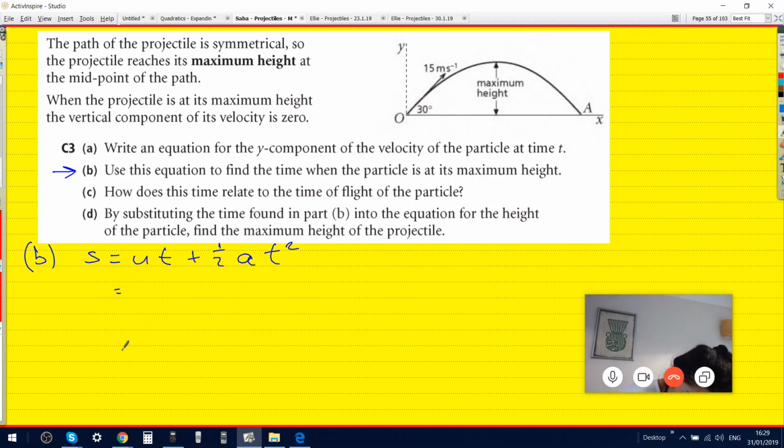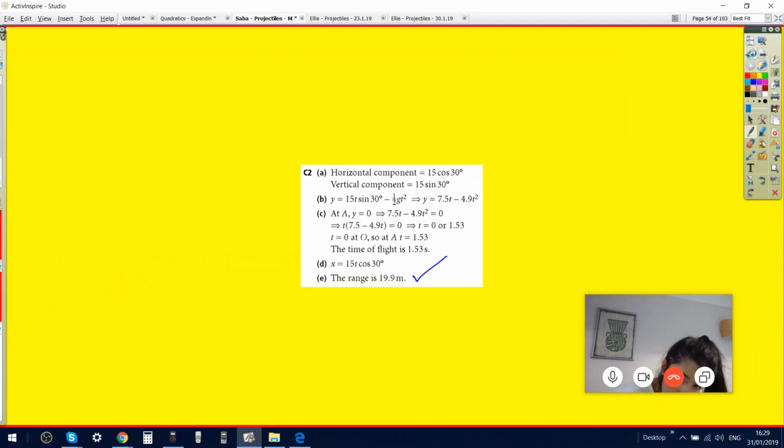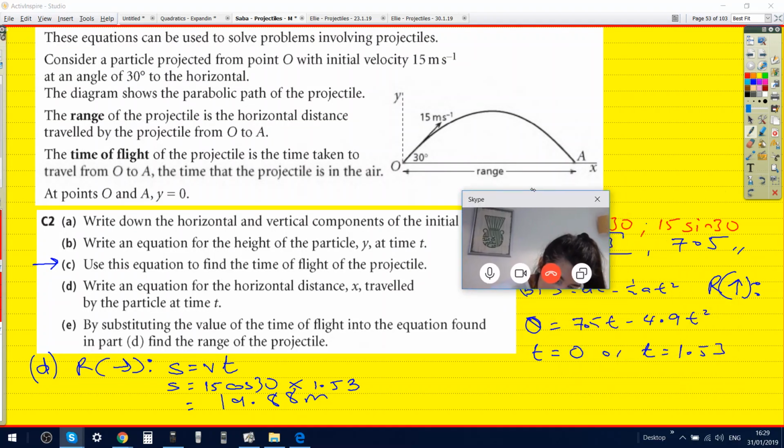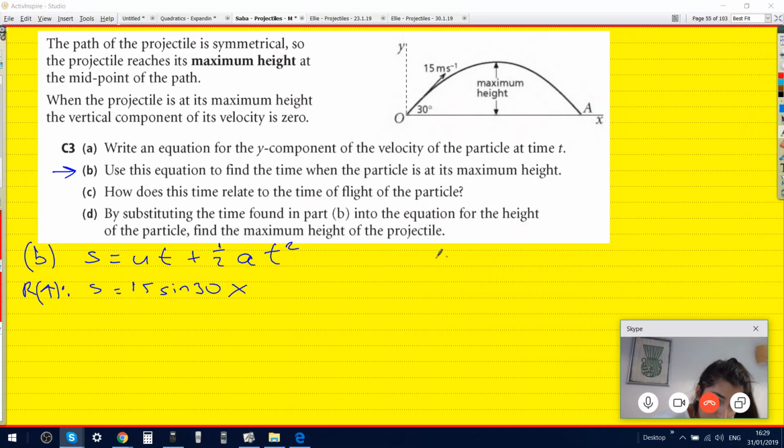So if u is 15 sine 30, yeah? Yep. You need to give me a confirmation, otherwise I just get nervous. So minus 4.9 t squared. What is t? Depends. Are we doing 1.53 divided by 2, which was 0.765? Yeah.